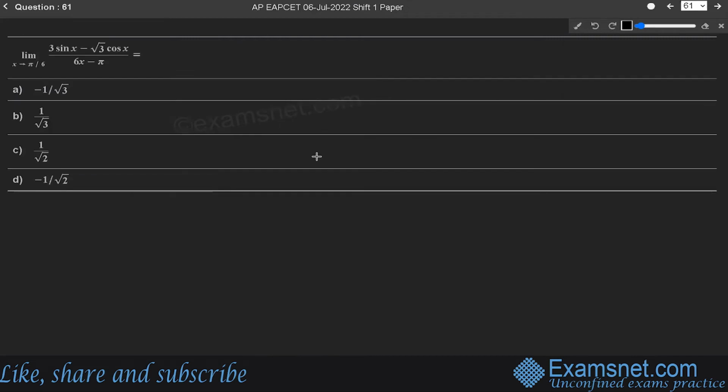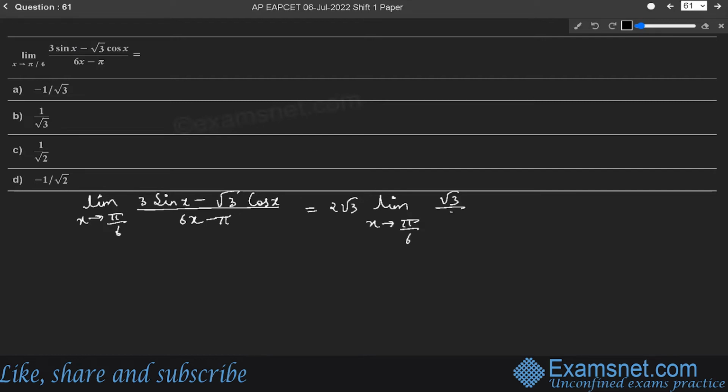Next question is limit x tends to pi by 6, (3 sin x minus under root 3 cos x) divided by (6x minus pi). This expression can be written as 2 root 3 limit x tends to pi by 6, (root 3 by 2 sin x minus 1 by 2 cos x) divided by (6x minus pi). What we have done is we have multiplied and divided by 2 here.